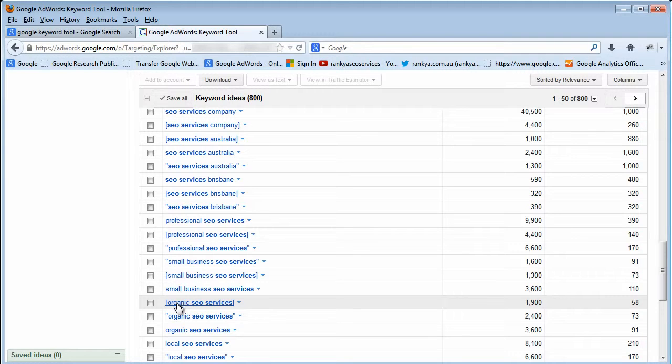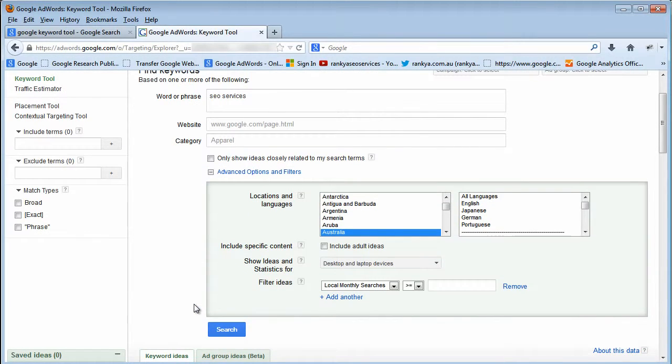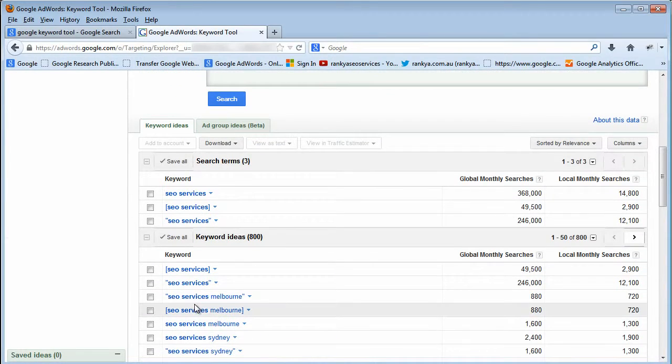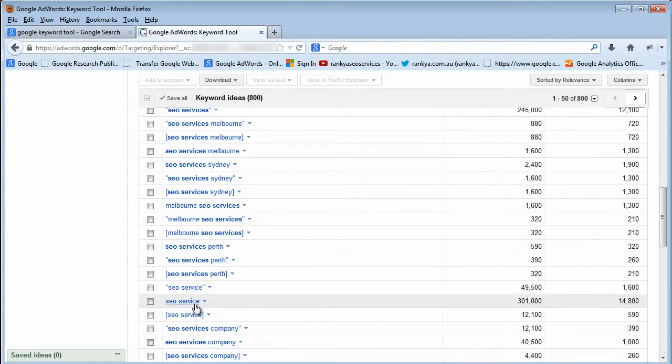Meaning, for them to be able to put that into the search box, organic SEO services, they must have read something about SEO and so on. Okay, this is how you use this tool to gain that insight, that intent of your visitor, right?